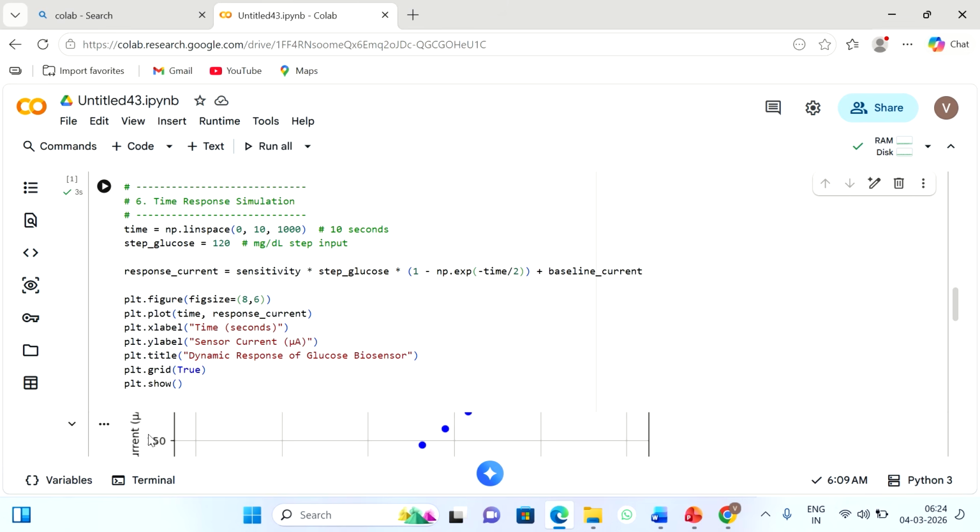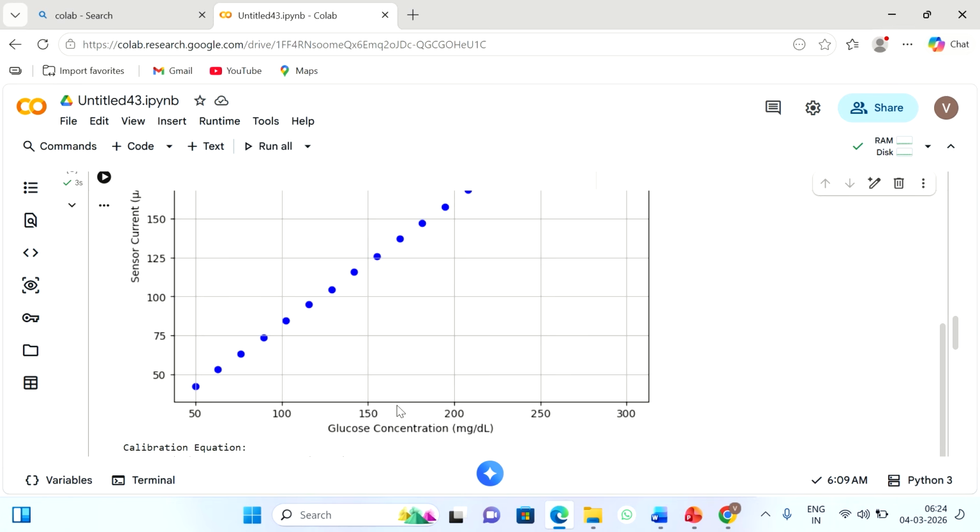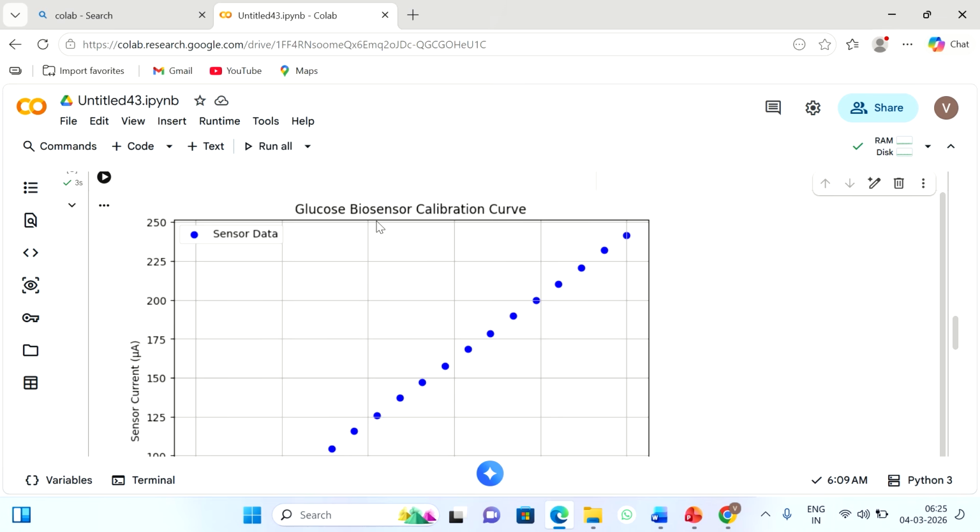Now, after simulation, what will we get? Here is sensor current in microampere versus glucose concentration in mg per dl. These blue dots show the sensor data, and this curve is known as the glucose biosensor calibration curve.